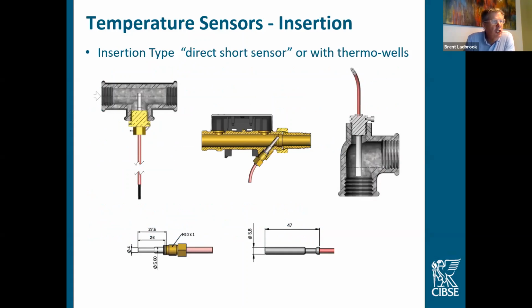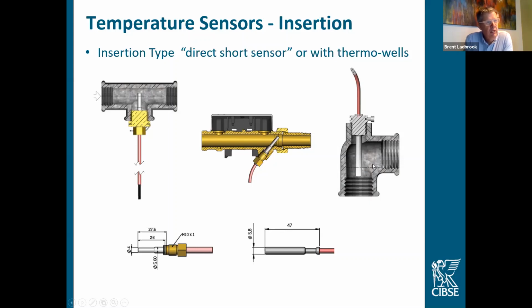Temperature probes could be insertion. There's a couple of different ones where you use a pocket, and then the probe gets poked into that pocket afterwards, or they could be directly inserted via the flow sensor body, via a T-piece and adapter.